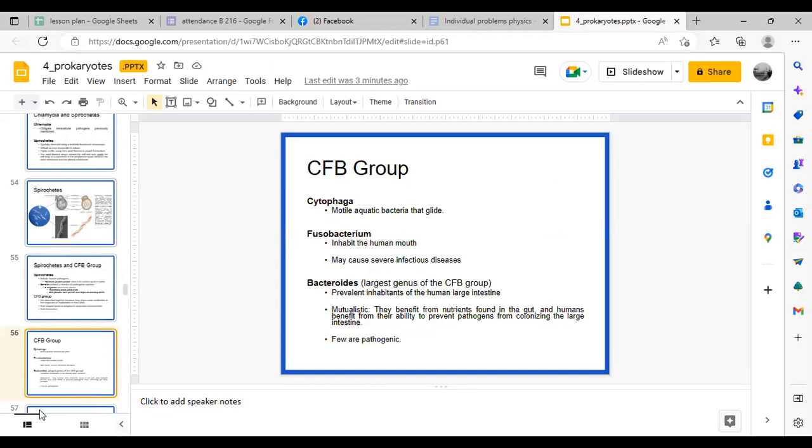So under CFB, you have Cytophaga. So they're motile aquatic bacteria that glide. So mabilis lang gumalaw. Fusobacteria, they inhabit the human mouth. They may cause severe infectious diseases.